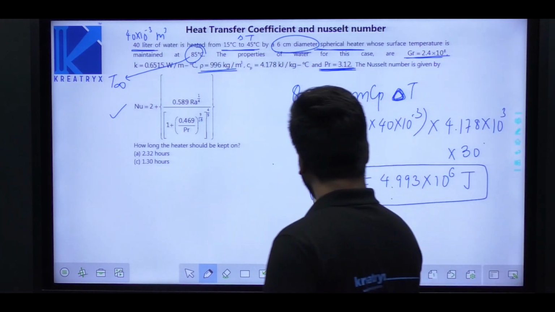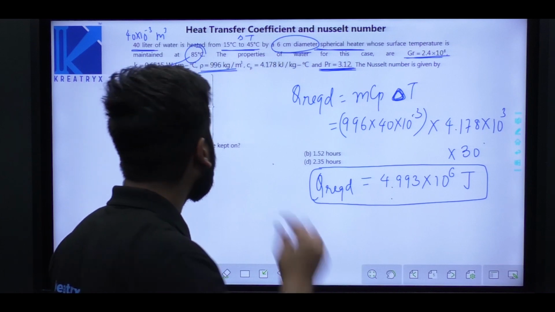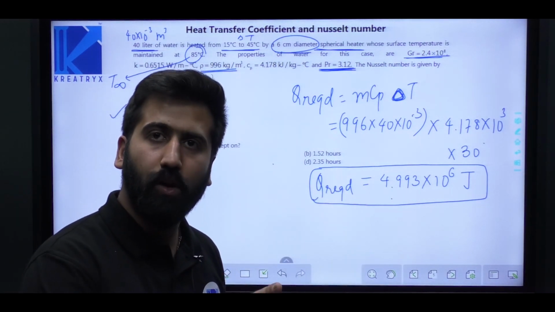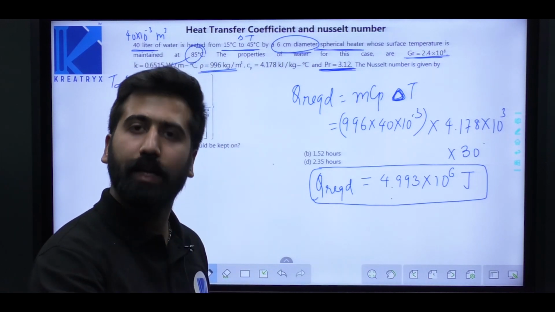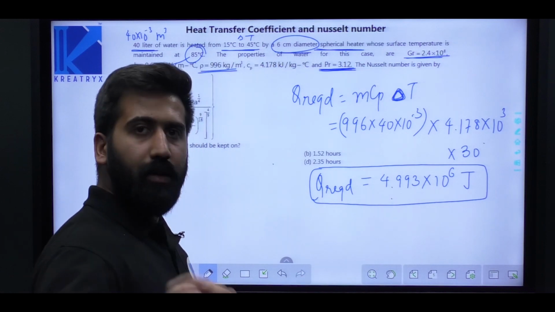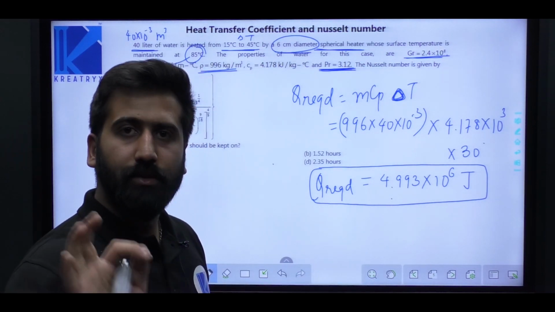Now I have to find out what is the heat given by the heater to this water per second. That is, I have to find the heat transfer rate. How can I find that? The mode of heat transfer in this case is natural convection.